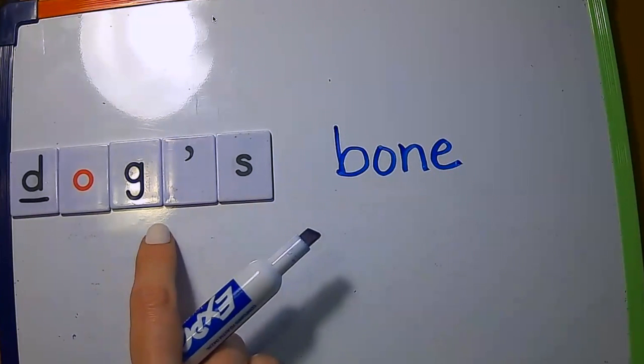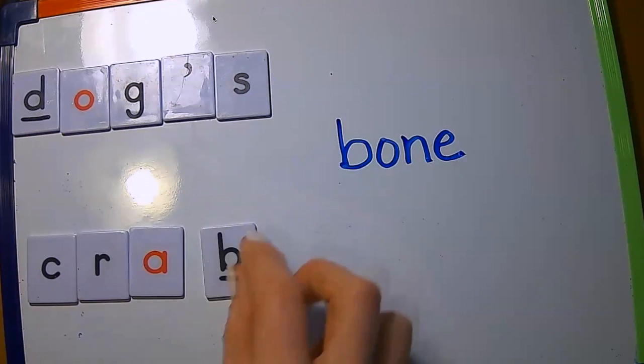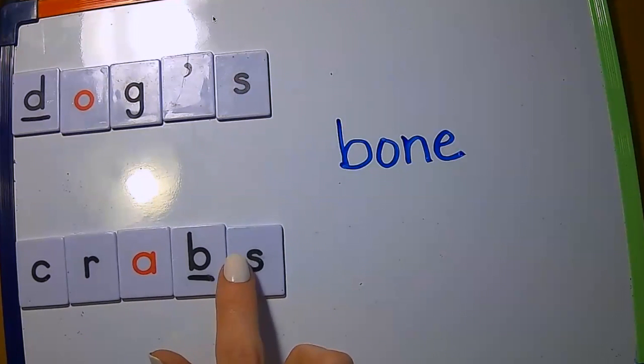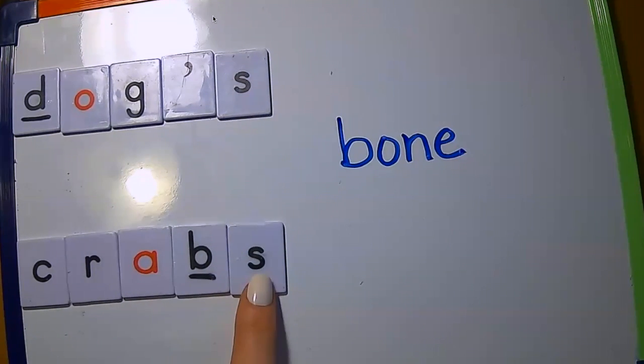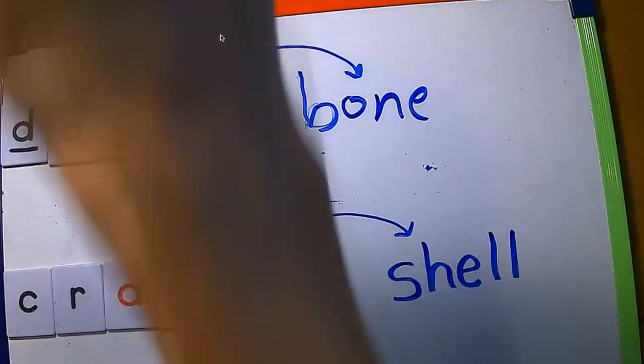The bone belongs to the dog. Here's another word. Let's read that word. Crab. Crab. If I add an S to it, it becomes crabs, meaning more than one, to show.